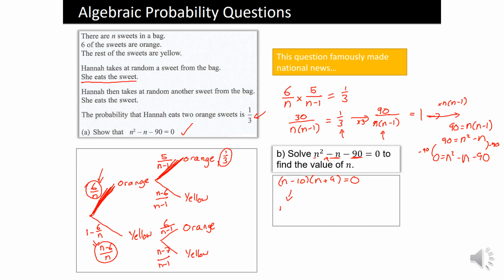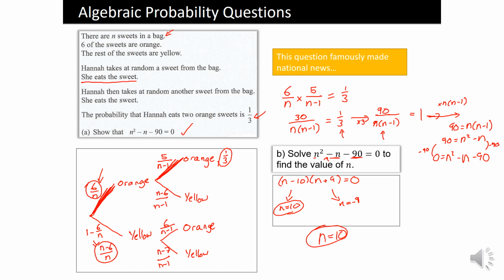So either n equals 10, or n equals minus 9. We can't have a negative number of sweets in the bag, and n is our number of sweets in the bag. So n equals 10. That's our final answer for that one.